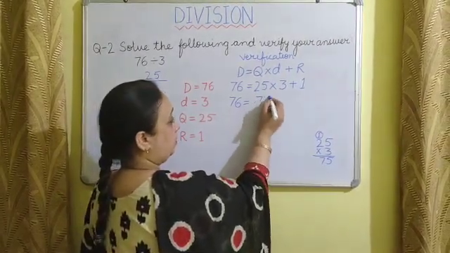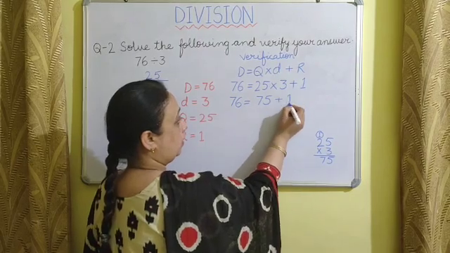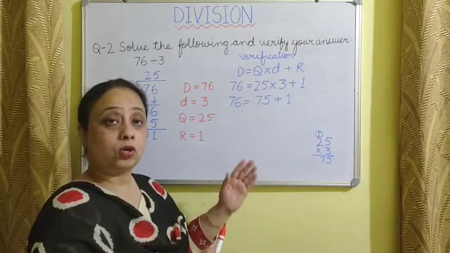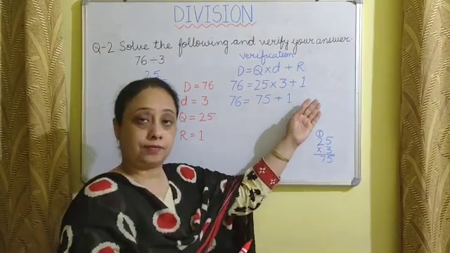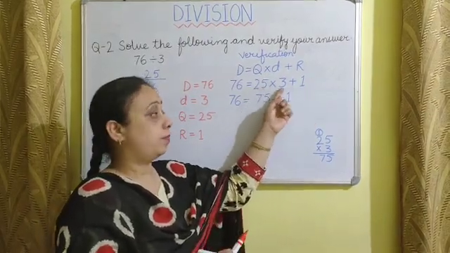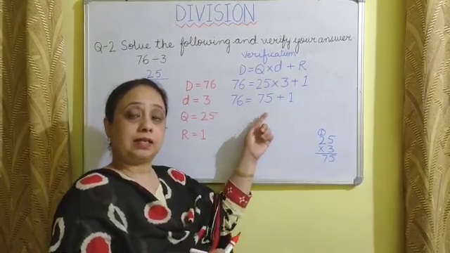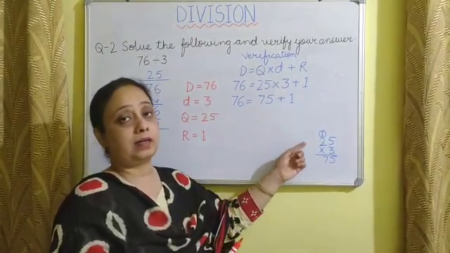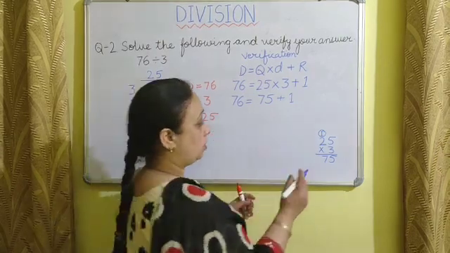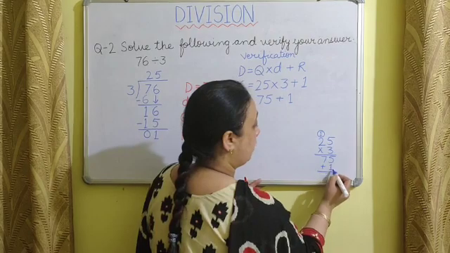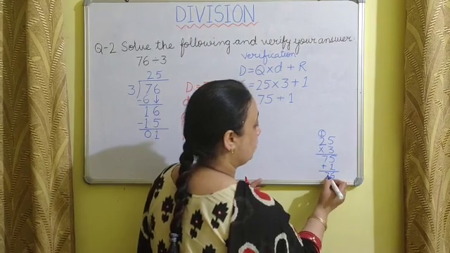But still we have plus 1 here. This we are going to add in the next step. We don't do both the calculations in one step. First, we multiply the quotient and divisor, and then in the next step, we are going to add the remainder to it. So 75 plus 1 is 5 plus 1 is 6 and 7.